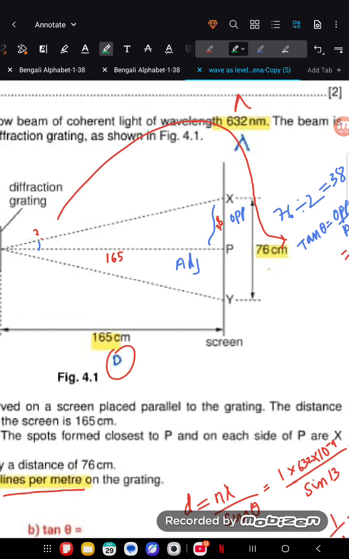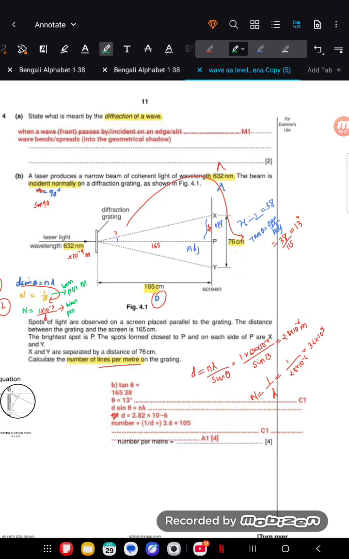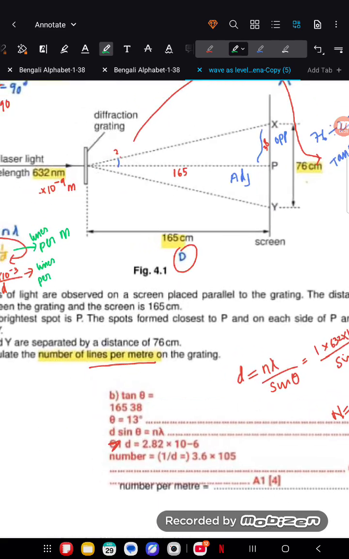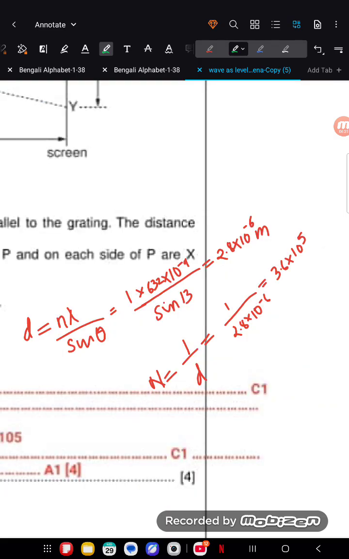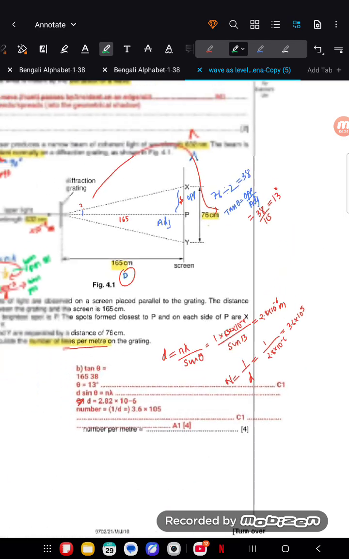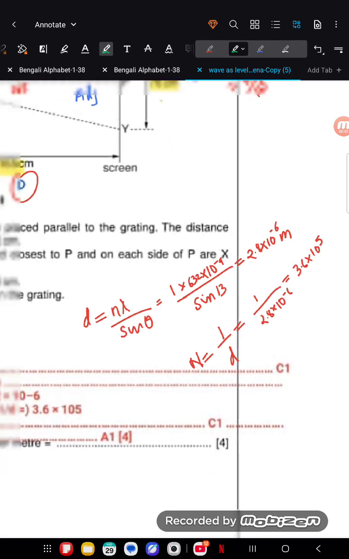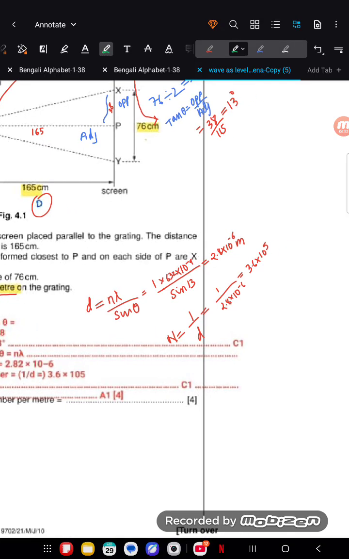Then multiply by the wavelength, 10 raised to minus 9, and the angle we got, sine 13. So we got d. When you get d, very easily you can find N equals 1 by d. So 1 divided by this, you get the answer here.